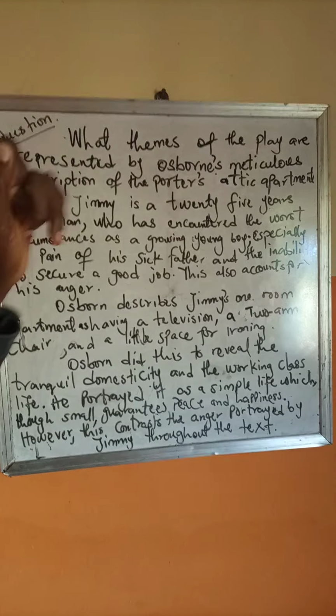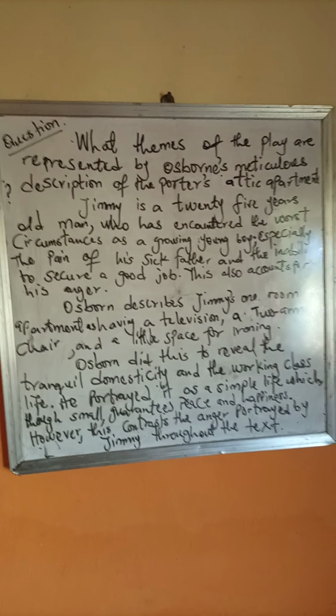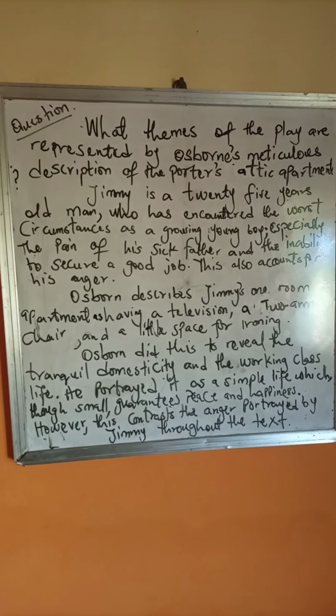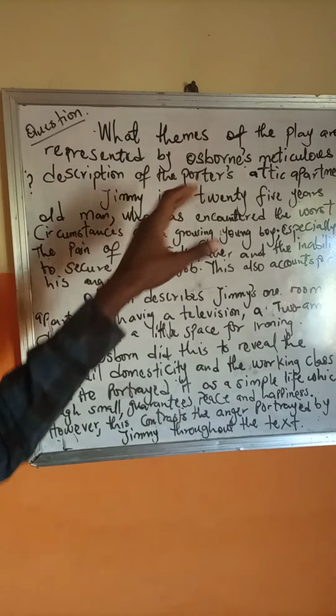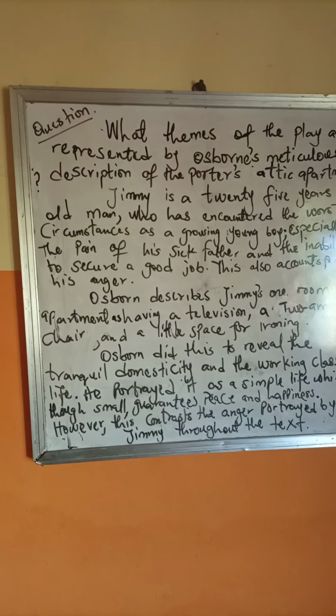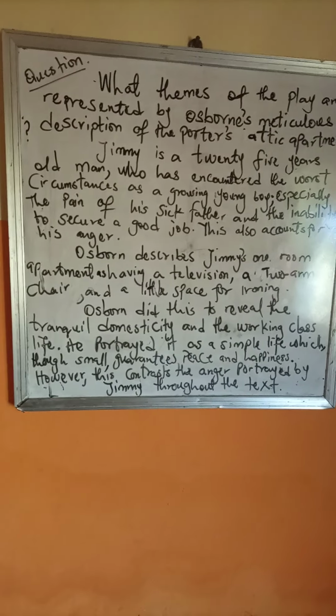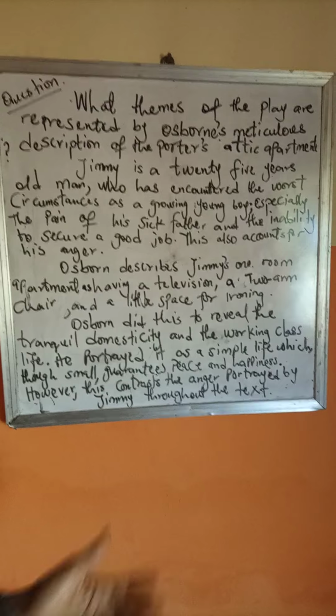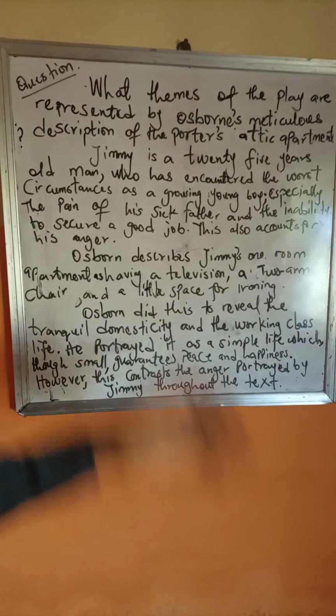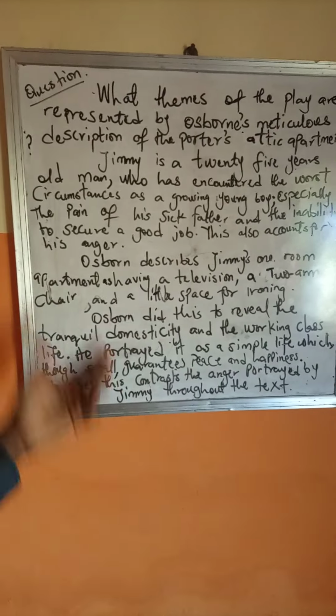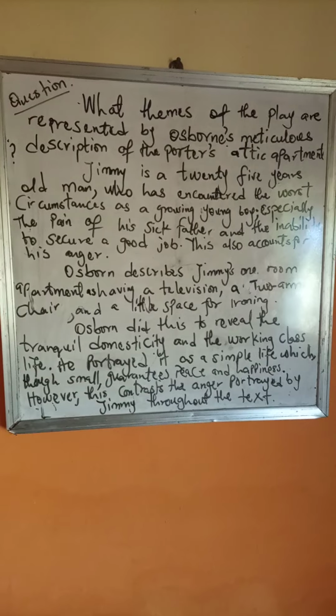All right, now moving on, the second paragraph is asking you to talk about an attic apartment and the theme that you can identify from it. So it's important that you talk about that setting. You talk about the apartment a little bit so that we can see what Osborne was trying to create. So I move on to the next paragraph. I said Osborne describes Jimmy's one room apartment as having a television, two armchairs, and a little space for ironing.